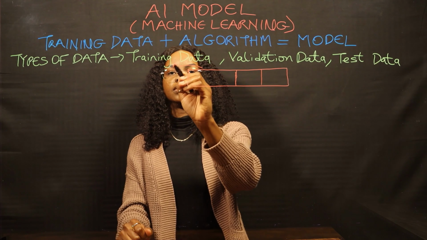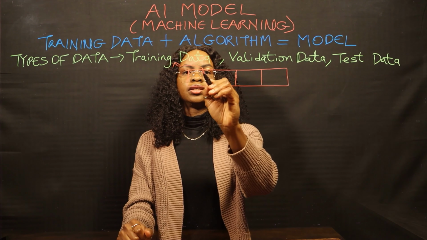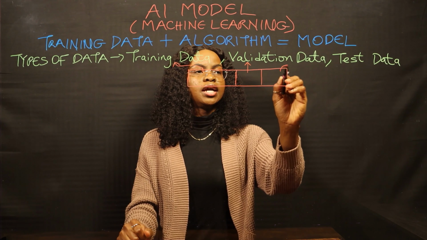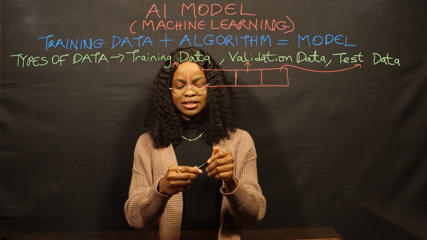So this is the proportion of your training data, this is the proportion of your validation data, and this is the proportion of your test data.